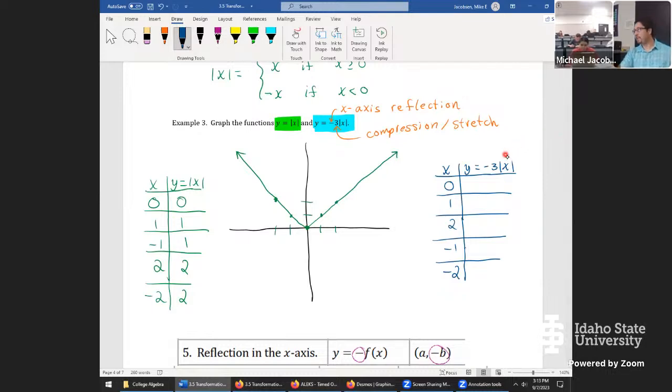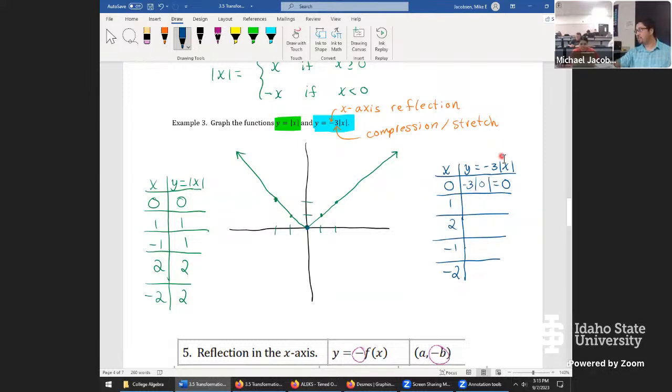Starting with 0, you'll have -3 times the absolute value of 0. But by the way, when you write that, try to make it so it doesn't look like 101. You want to make the bars either bolder or just taller. But the absolute value of 0 is still 0, and 3 times 0 is still 0. So we have our first point right here, 0, 0.